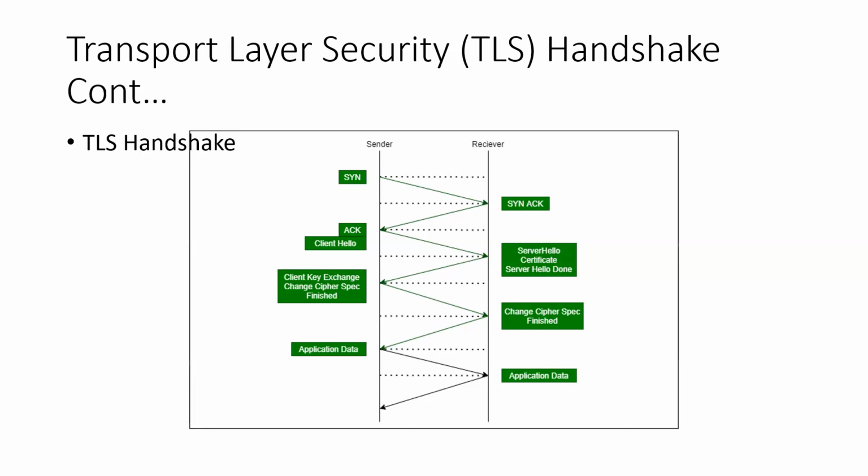Then the server says hello, and it sends the certificate, and the server hello is done. Again, the client gets the certificate from there, and the client exchanges change cipher spec, and it will be establishing the connection. Then this change cipher spec will be received by the server. Now that phase is completed. Only then will it be receiving the application data. Then they will be securely connected with each other.